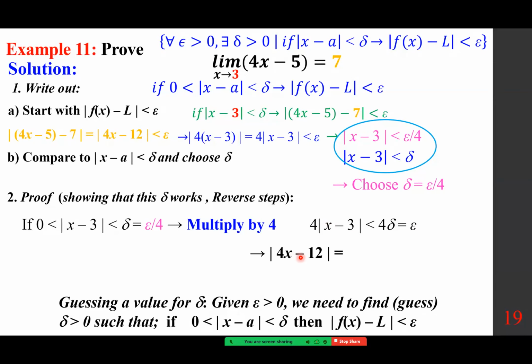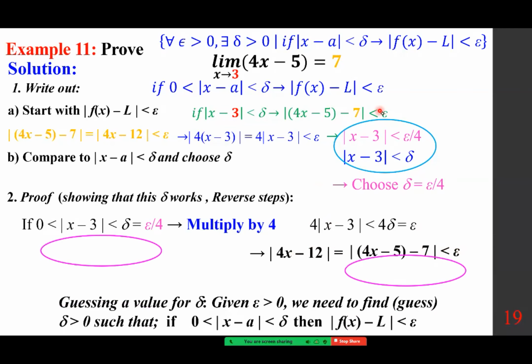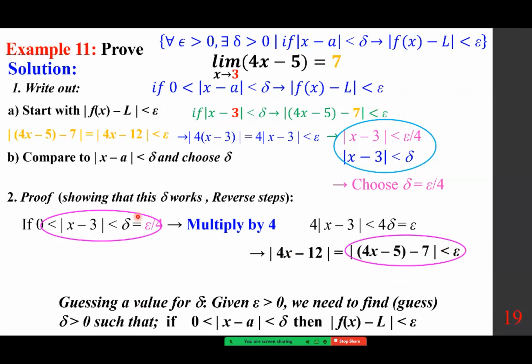And I hope you see that 4x minus 12 is the same as 4x minus 5 in a parentheses minus 7. And when you compare that to this one, you see it's identical to that, right? So from here, we got here. So now that we got from here to here, we can write if the absolute value of x minus 3 is less than delta, we can take a look at those arrows.